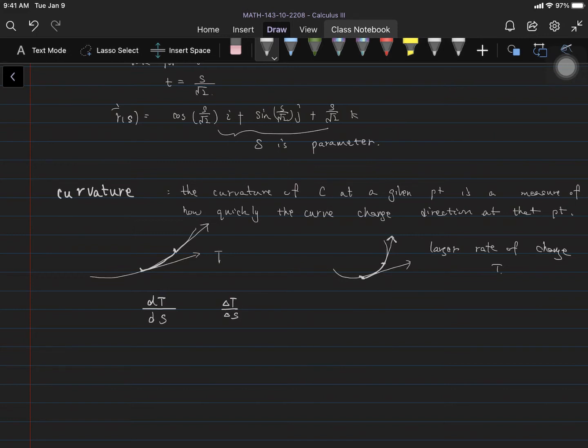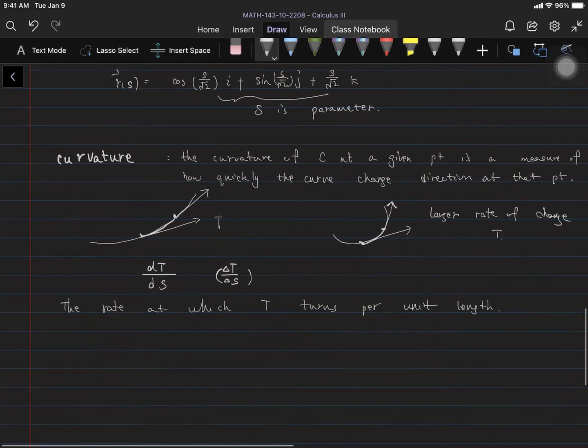That means the rate at which T turns per unit length. So that just means the rate of change of the tangent with respect to arc length.